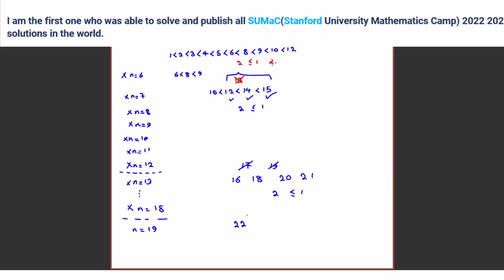Exactly. Look, for 22, we don't have this prime 23, we have 24, we have 25. The difference is 2, not equal to 1. Contradiction here. So for n = 19, until which n? Until n = 22. Exactly.